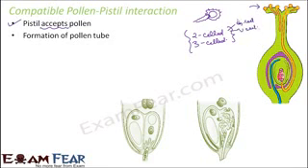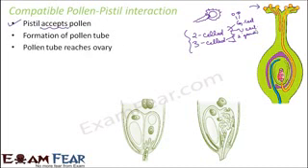The generative cell will form the male gametes, that is the sperms, and the vegetative cell is the tube cell which helps in the growth of the pollen tube. If the pollen grains are produced in the 3-celled stage, then it is going to carry two gametes from the very beginning, because in this case you have one vegetative cell, and inside that you have the two gametes. So from the very beginning it will carry those two gametes.